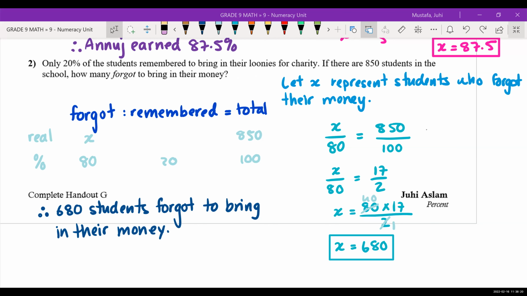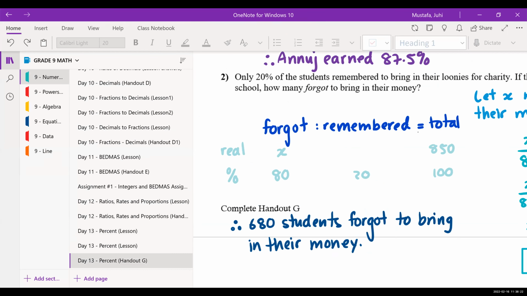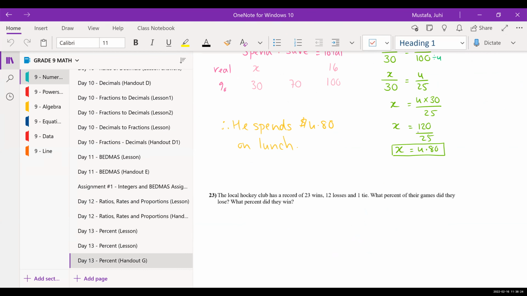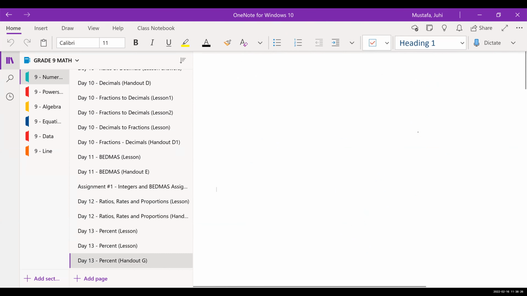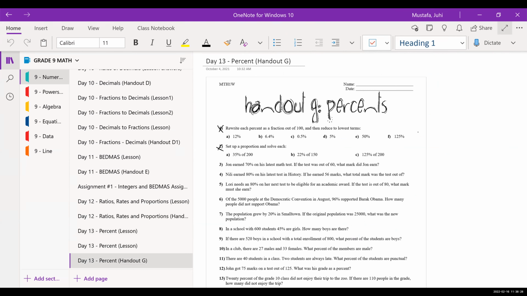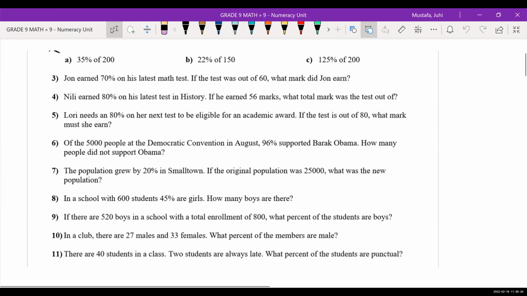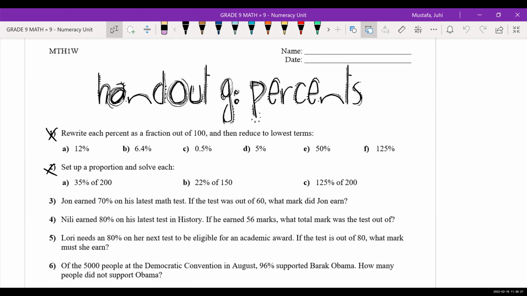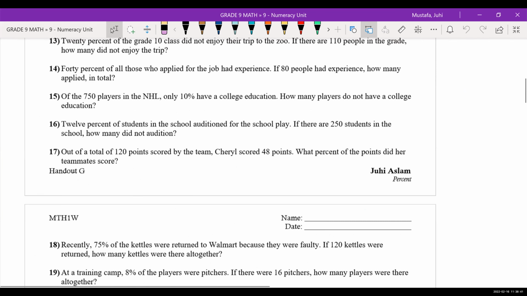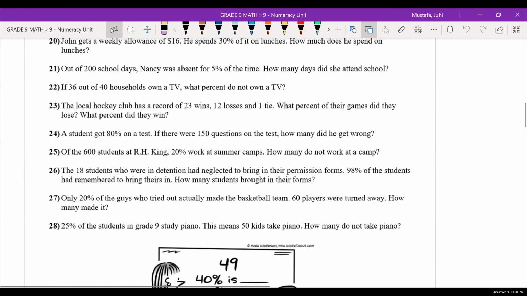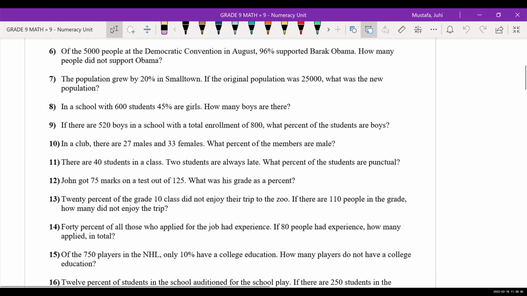So I don't want you to panic when you see your homework, but there are quite a number of questions. So let's just turn to handout G for a second. I'm going to say you guys don't need to do questions 1 and 2. I know there are 20 questions up till 28, so 26 questions.